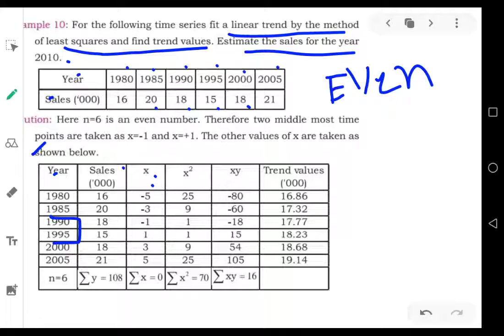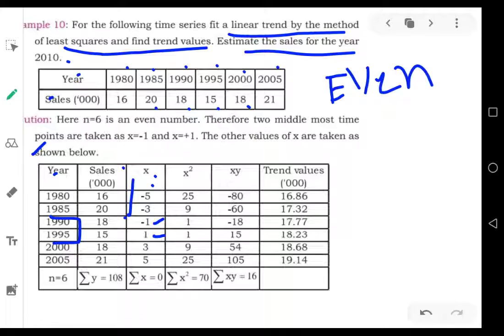Take the middle 2 years, and allocate -1 to the above year and +1 to the below year. See the method? When there is an even number of years given for us in the question, choose the middlemost 2 years and allocate -1 and +1 to it. -1 should be above, +1 should be below. After that, when you are moving upward, it should be like alternate numbers.